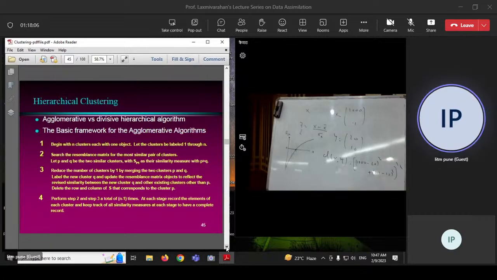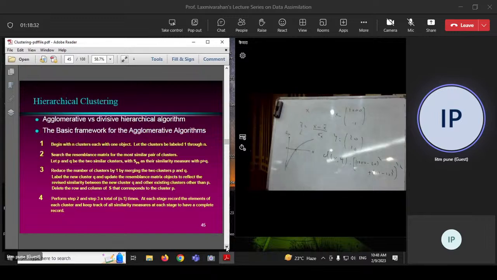So begin with n clusters with one object in each cluster. I'm trying to summarize all the things we have done so far in the form of an algorithm. Let the clusters be labeled 1 through n. In the example I had, n was 5. Initially, I had 5 clusters, one for each object. Compute the resemblance matrix.